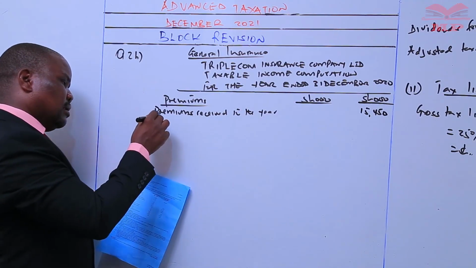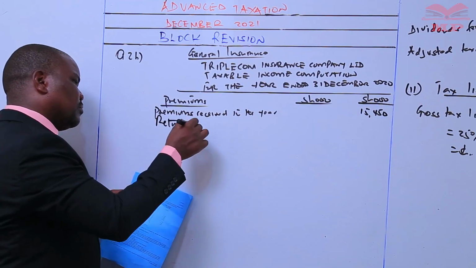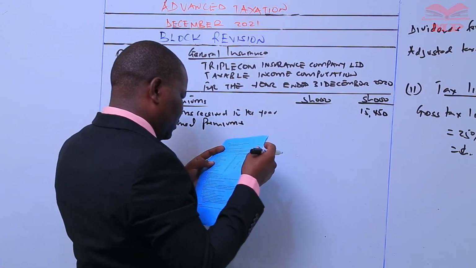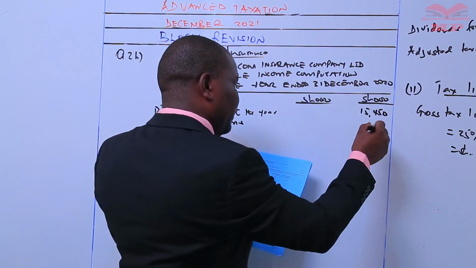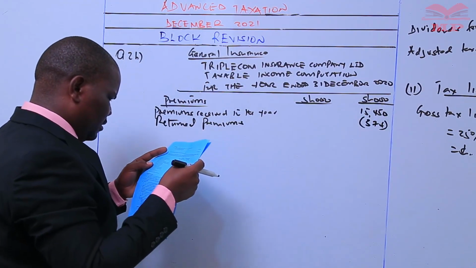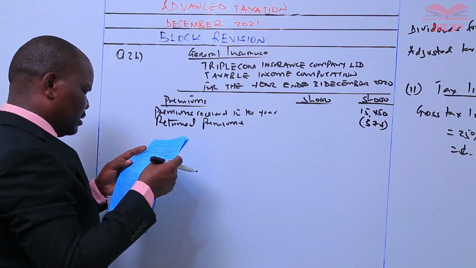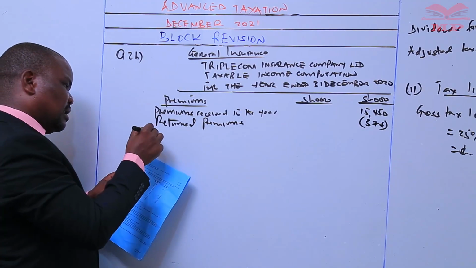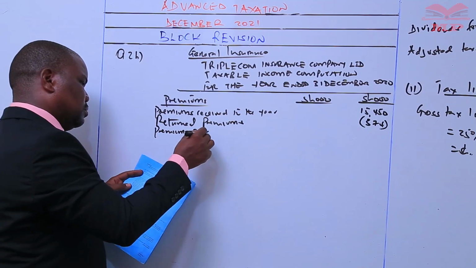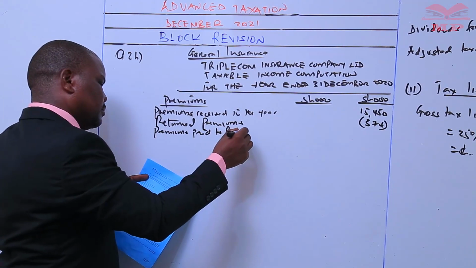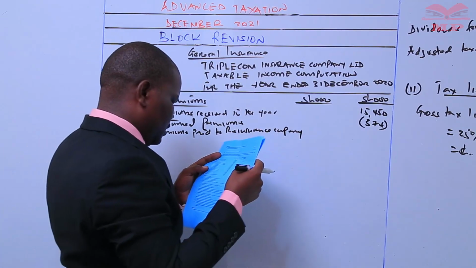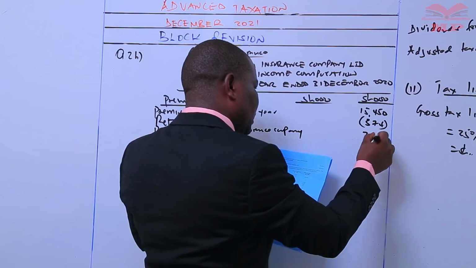So we write here returned premiums. We have 374. We have what they are calling premiums paid to reinsurance company. That is still a reduction. Premiums paid to reinsurance company at 76.80.